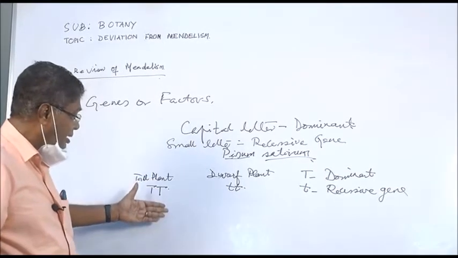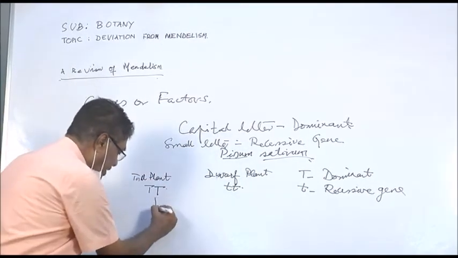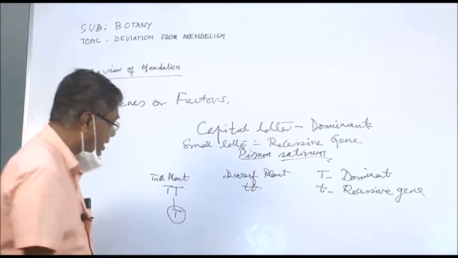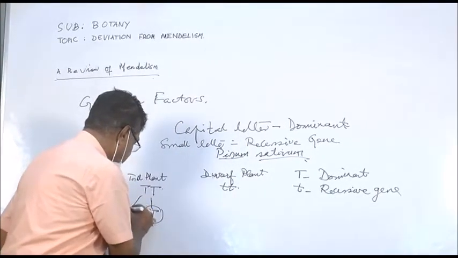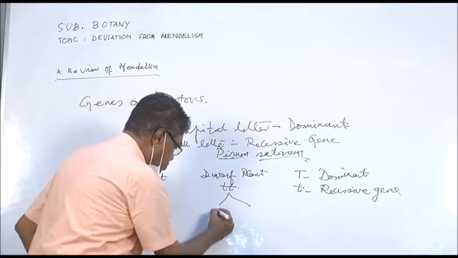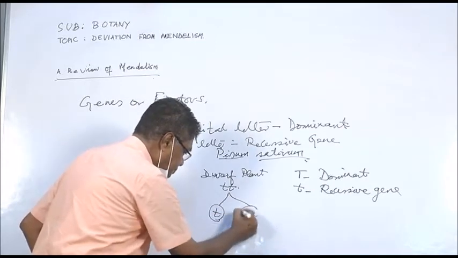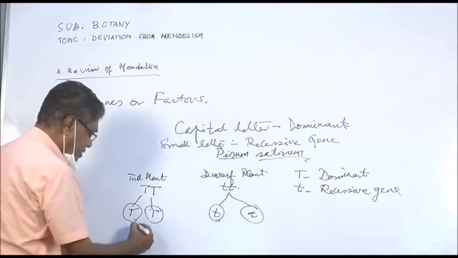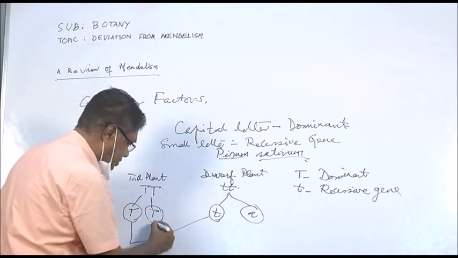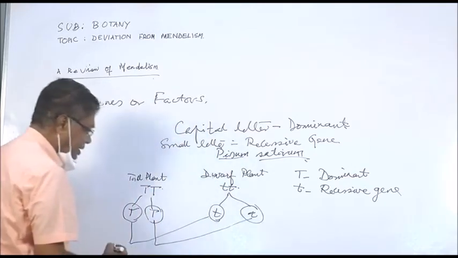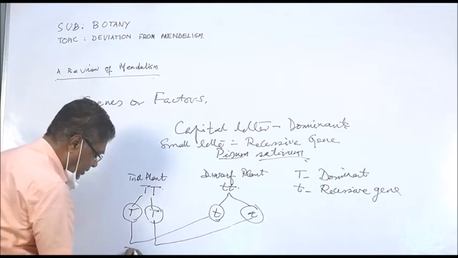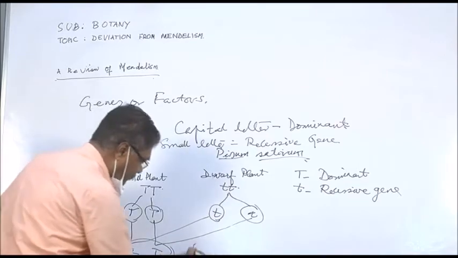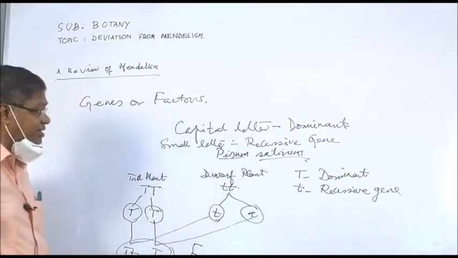While formation of gametes, one of the T's comes to the offspring in the gamete, capital T, and from the other parent what comes is small t. Any combination that comes in results in capital T, small t only, and this is F1 or first filial generation.